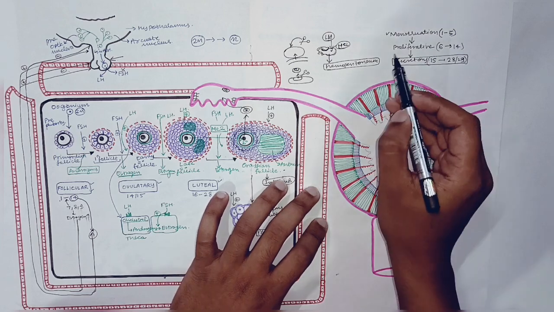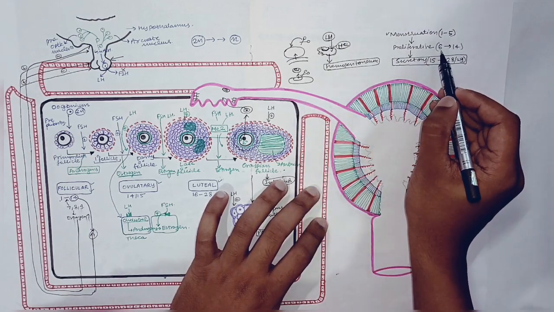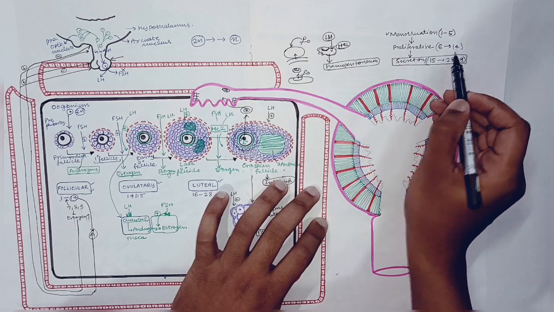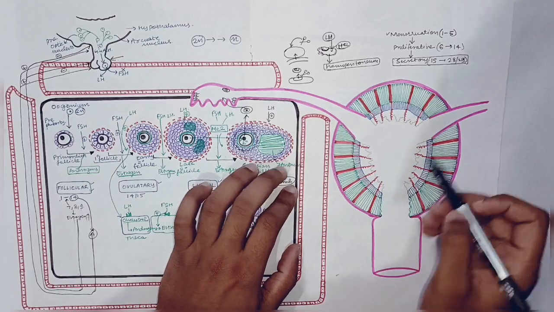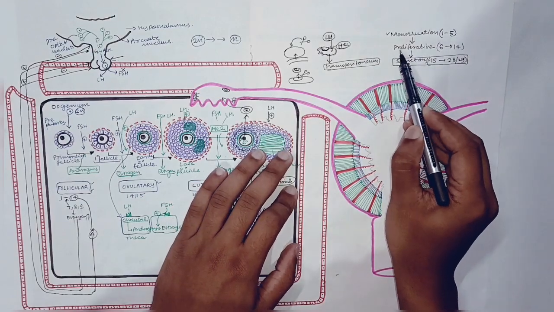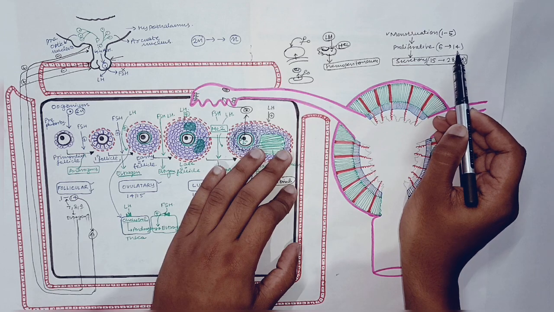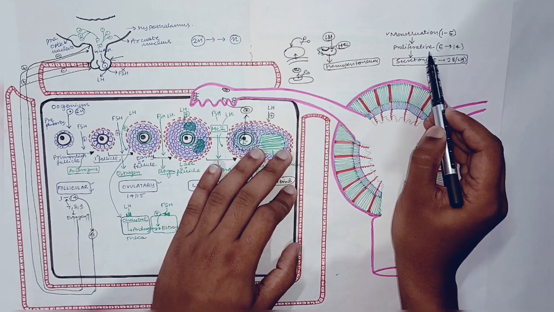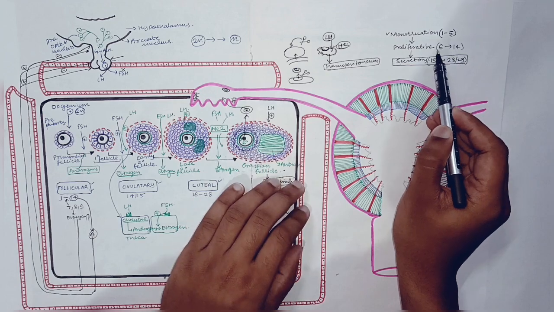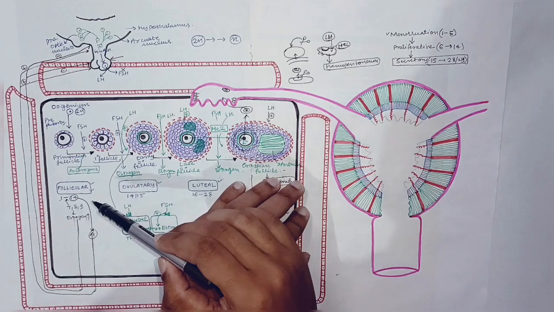We are moving to the proliferative phase, which is happening between the 6th to the 14th day. Now in the proliferative phase, can you see this is happening between the 6th day to the 14th day, and we are very much aware that from day 1 to day 14 there is a follicular phase.